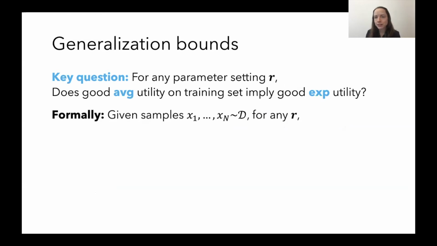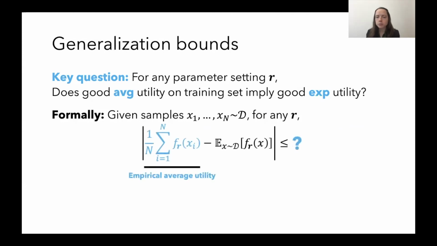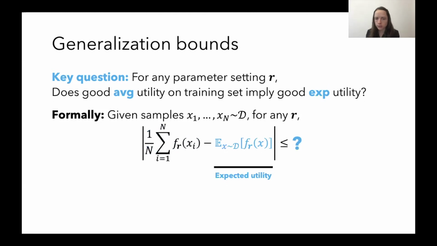More formally, given samples x_1 up through x_n, sampled from this unknown distribution over problem instances, for any parameter setting r, what's the difference between that parameter setting's empirical average utility over the training set and its expected utility on the unknown distribution?